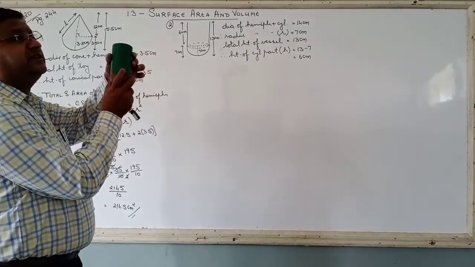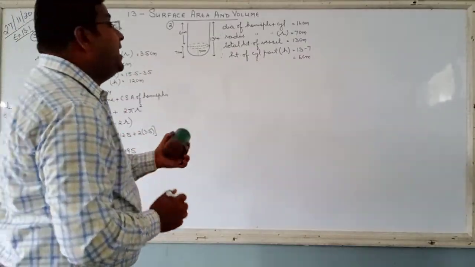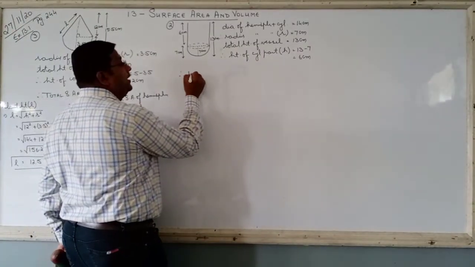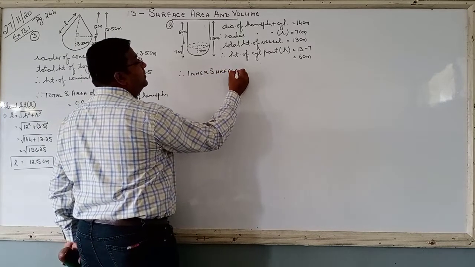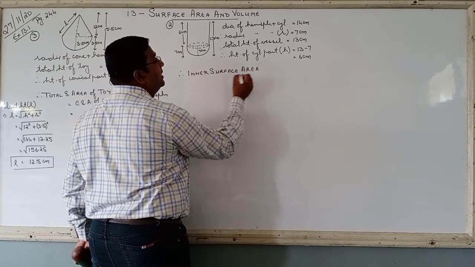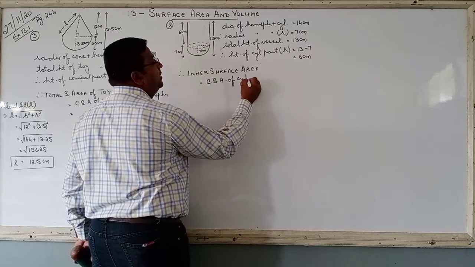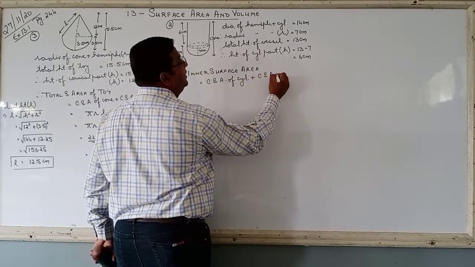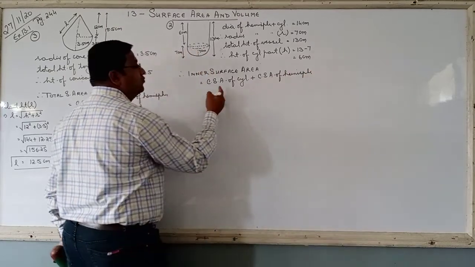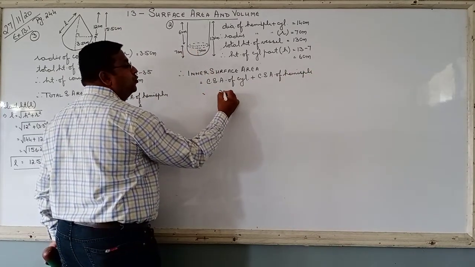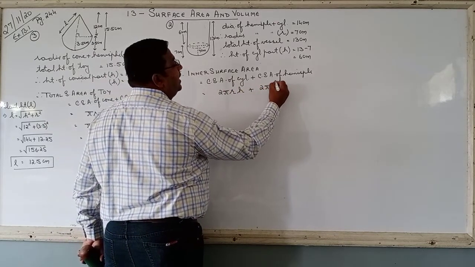So inner surface area is equal to curved surface area of cylinder plus curved surface area of hemisphere. Again the formula: curved surface of cylinder 2 pi r h, curved surface of hemisphere 2 pi r square.